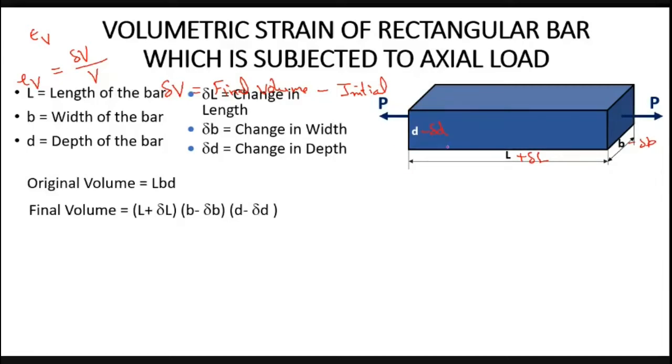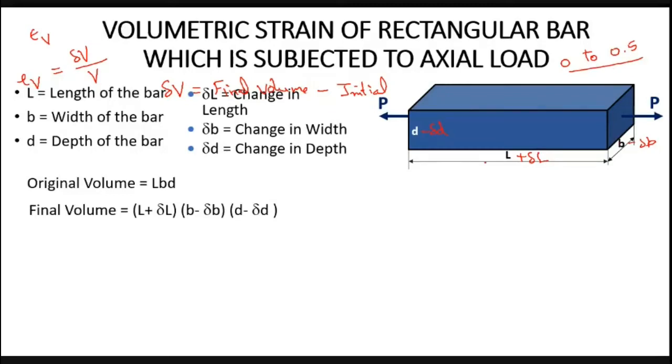Of course, we are solving problems related to common materials. We are not concentrating on miscellaneous materials. For miscellaneous materials and foam-like materials, the concept is different. For normally available materials, the Poisson's ratio will be in the range of 0 to 0.5.